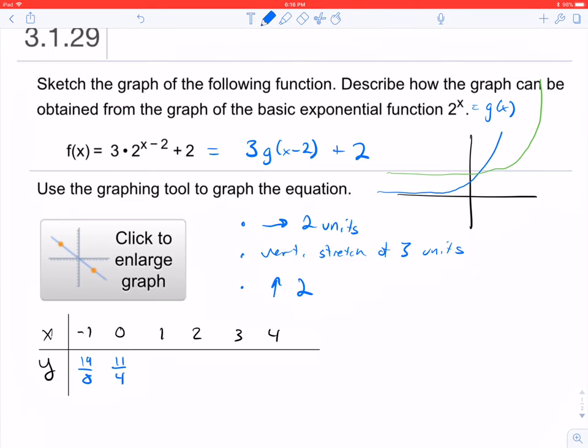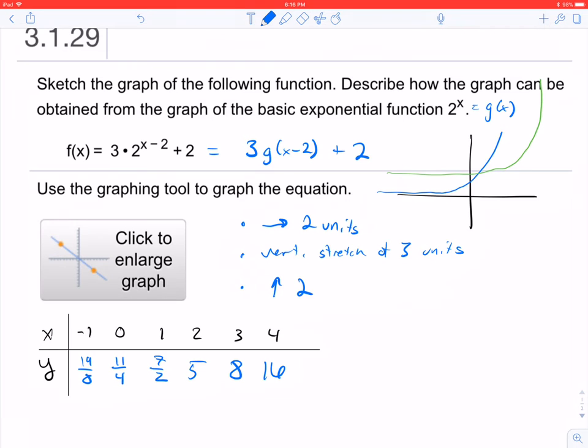That's 3 halves plus 4 halves is 7 halves. When x is 2, that's 2 to the 0, which is 1. That's 3 plus 2 is 5. When x is 3, that's 2 to the 1. 3 times 2 is 6 plus 2 is 8. When x is 4, 4 minus 2 is 2. 2 squared is 4 times 3 is 12. Plus 2 is 14. Okay.